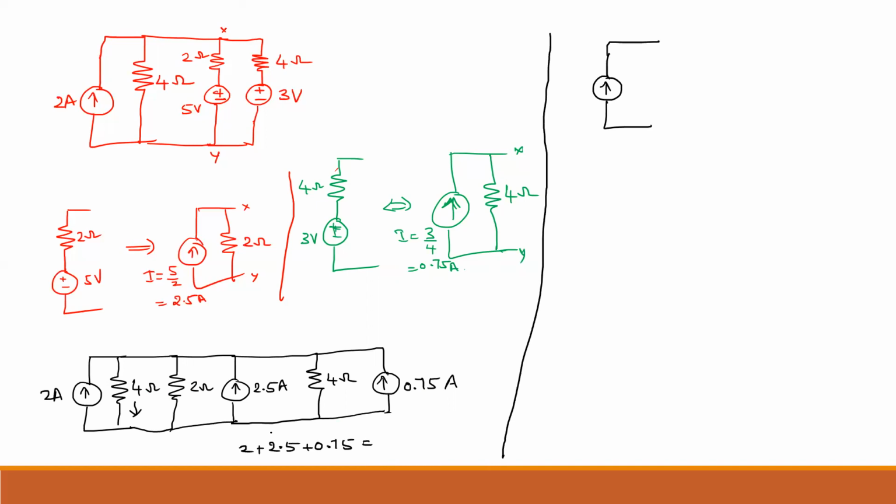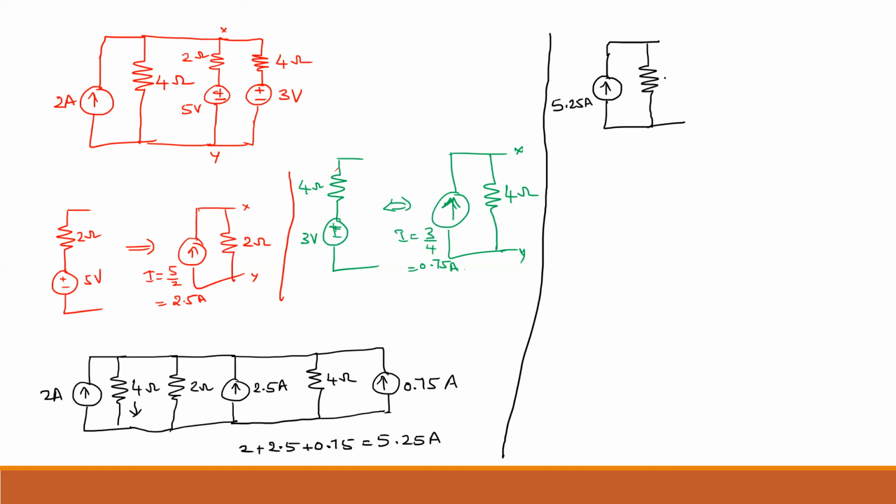So 2 plus 2.5 how much? 4.5, and 4.5 plus 0.75, we'll get 5.25 amperes. So now here my current will become 5.25 amperes and the 4 ohm resistance is the same.